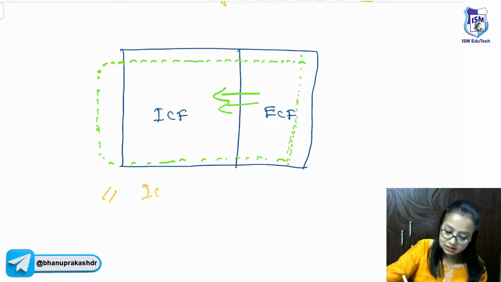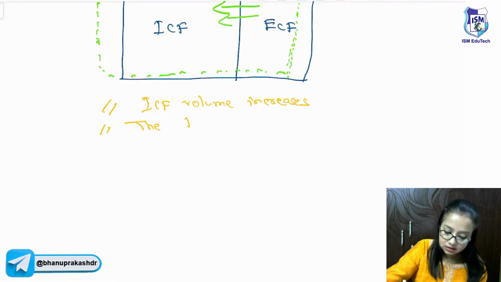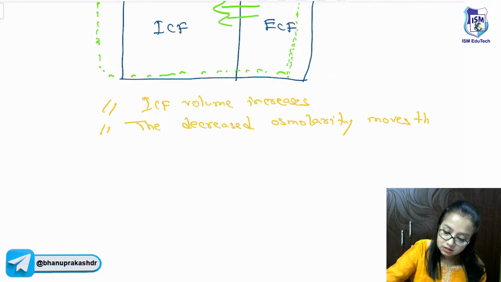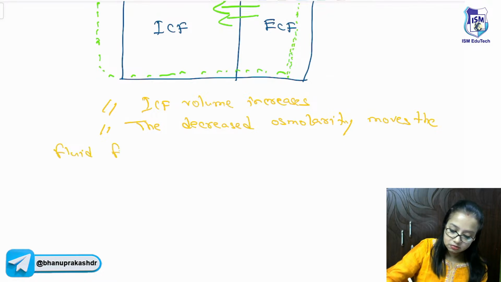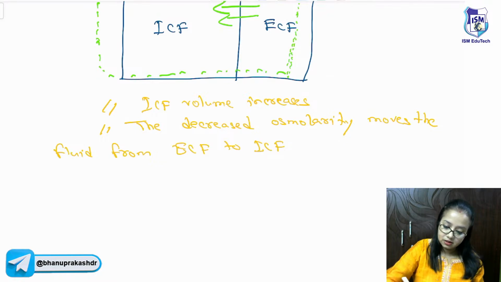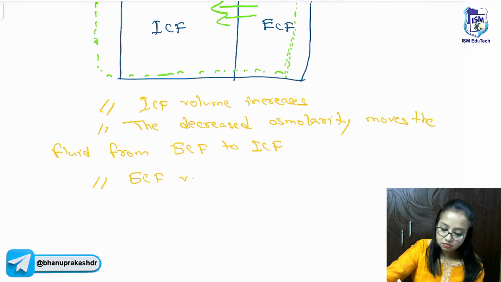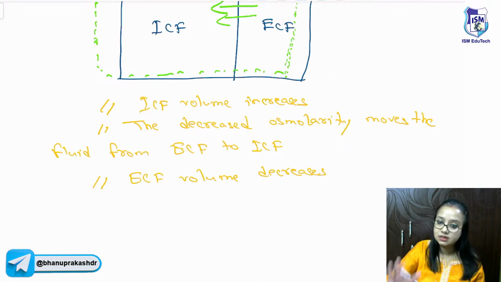So here the ICF volume increases. Why? The decreased osmolarity moves the fluid from ECF to ICF, and ECF volume decreases.